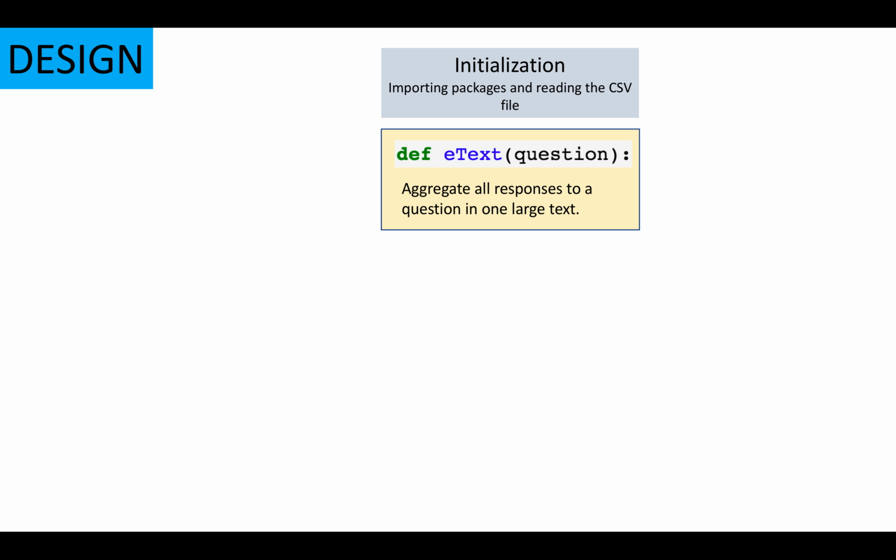So that's the initialization. The next one, I created a function called eText, which basically receives a list from my data frame. Say the list is question 1, the answers for question 1, or comments or feedback provided as a list, and then makes it one large text.